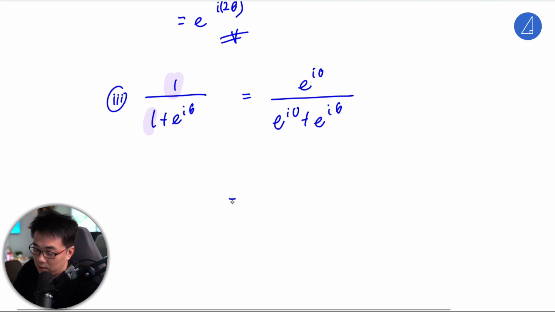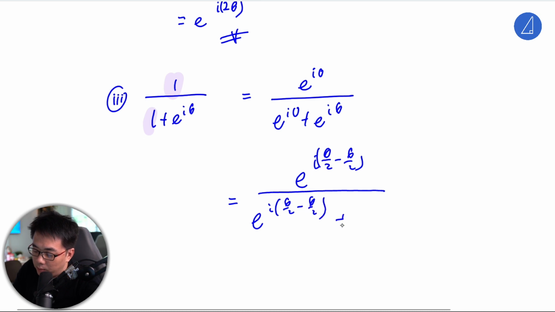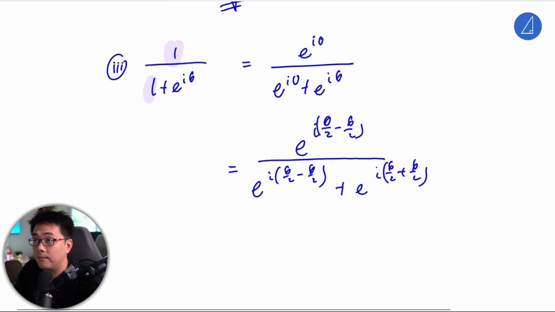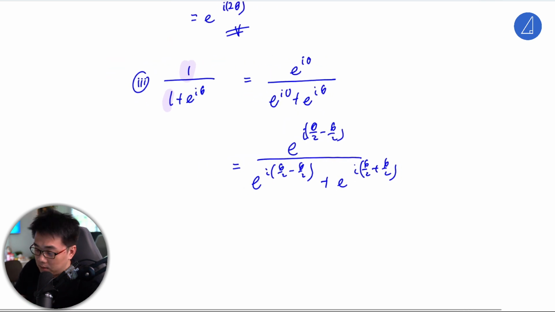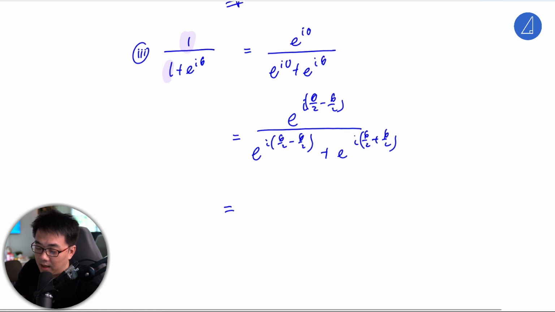So e^(i0) is okay. We could just write this as e^(i(θ/2 - θ/2)) over e^(i(θ/2 + θ/2)). The point here is I'm trying to change them to the same angle there. Okay, so then it will be easier for us to manipulate. Of course the fastest way is just multiply by e^(-iθ/2). Later I'll explain.